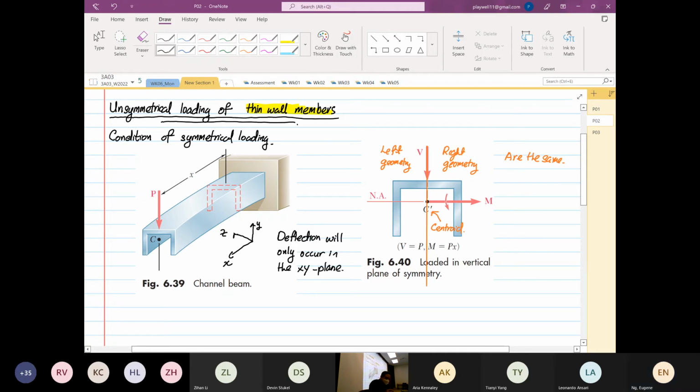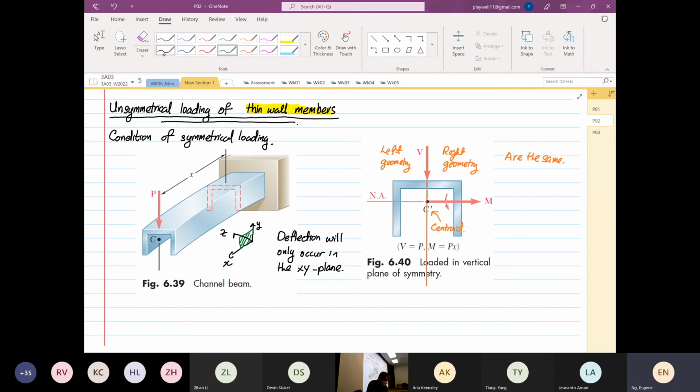Okay. So what do I mean by XY plane? If you look, the deflection will only be on this plane that I'm shading in green. Okay, so it's a vertical deflection. Every deflection is parallel to the plane over there. Okay, so this is the condition of symmetrical bending.